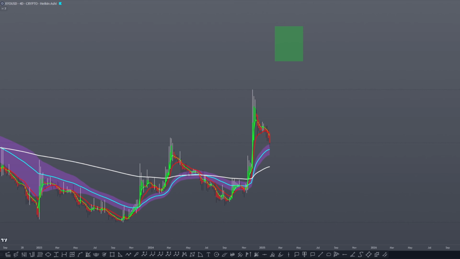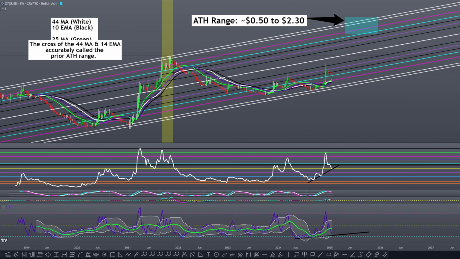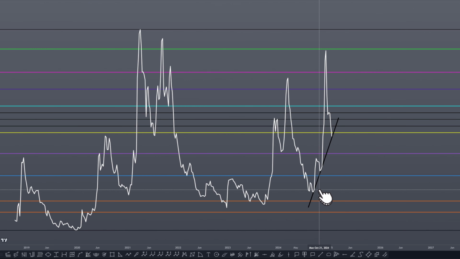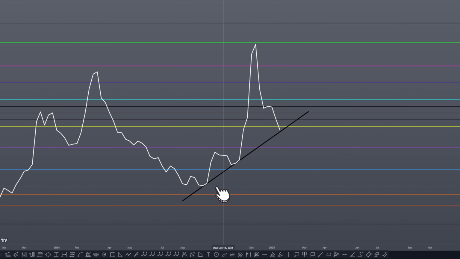If we look here at the weekly, mainly what I want to point out is this RSI. We can see this uptrend going all the way back to early September of 2024. The RSI is coming right down to it. It hasn't touched it just yet, but it's probably less than a centimeter above it.